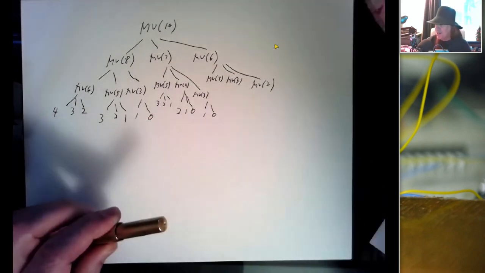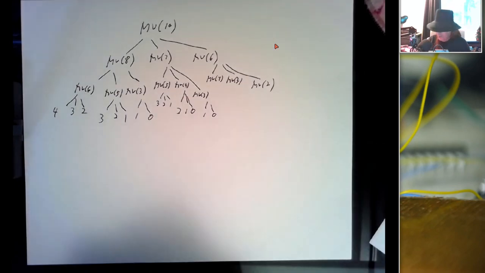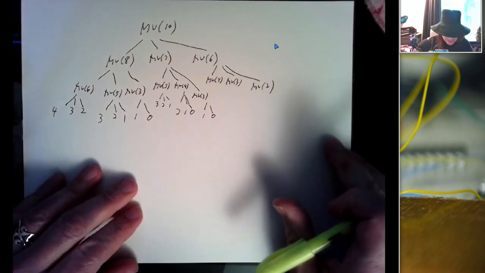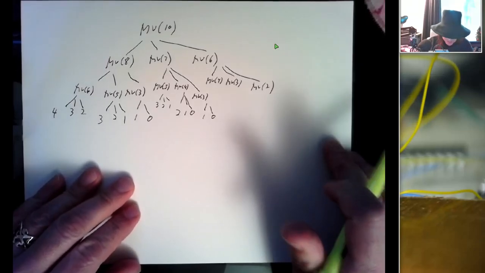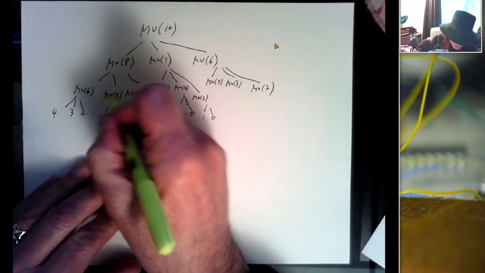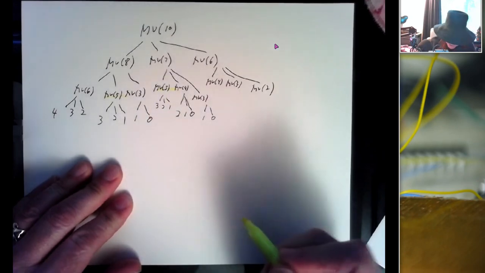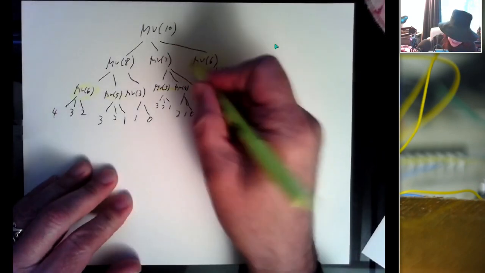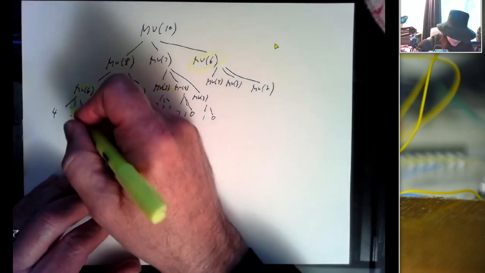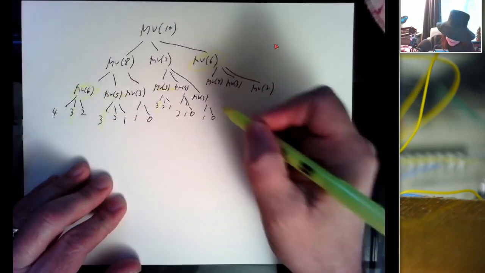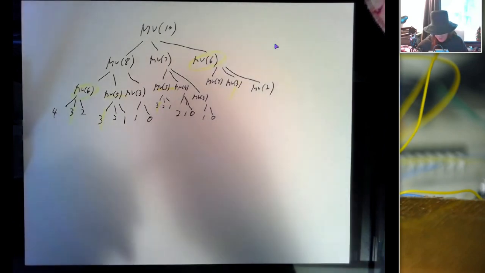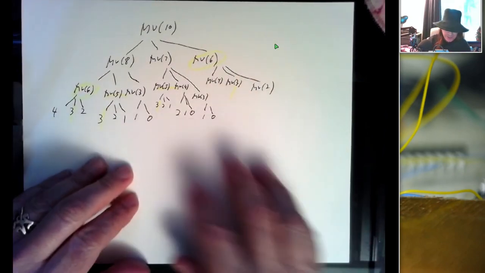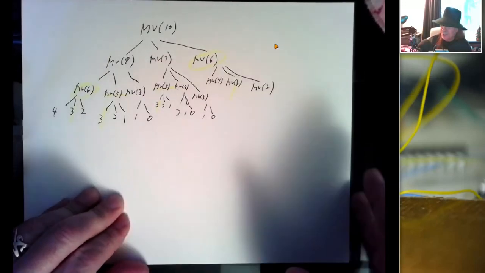But we have this overlapping substructure, overlapping subproblem situation where max val of 5 is being calculated here and being calculated here. Max val of 6 is being calculated here and here. Max val of 3 we're calculating a bunch of times. So for a larger capacity and for more items in our inventory, we're going to see a lot of overlapping subproblems.